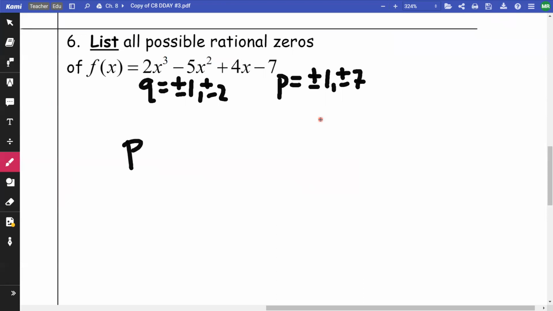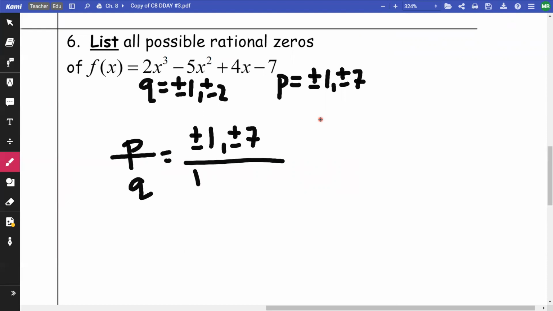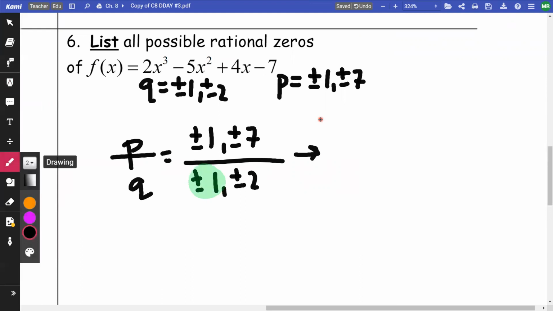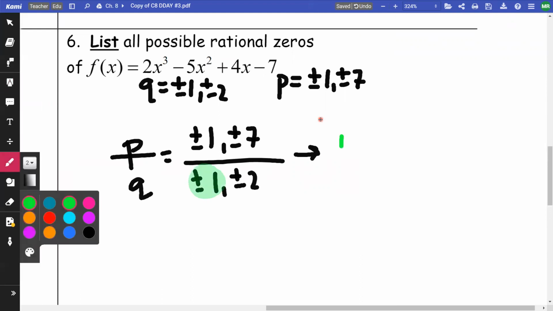We put P over Q. So on top, I'm going to have a ±1 and a ±7 over ±1 and ±2. So I'm going to focus on putting both of those over 1 first. So when I do that, I'm going to get ±1, 1 over 1, ±7, because it's 7 over 1.